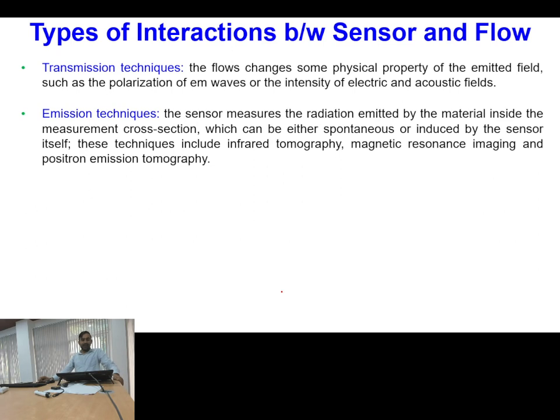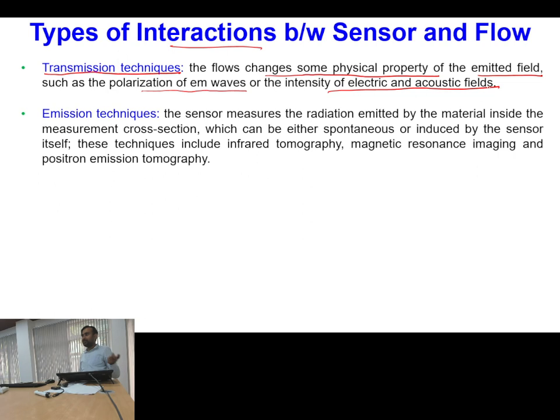So whenever we are doing this type of measurements, we may have different types of interactions between sensor and flow. So the first set of tomographic techniques are called transmission techniques. In case of transmission techniques, the flow changes some physical property of the emitted field, such as polarization of electromagnetic waves or intensity of the electric and acoustic fields.